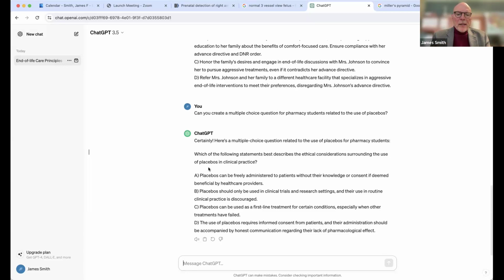So the learner may look for word associations with placebo. Placebo discouraged. Placebos treatment failures. Lack of pharmacologic effect. So learners may be just looking to word associations rather than any synthesis of what this information may mean.